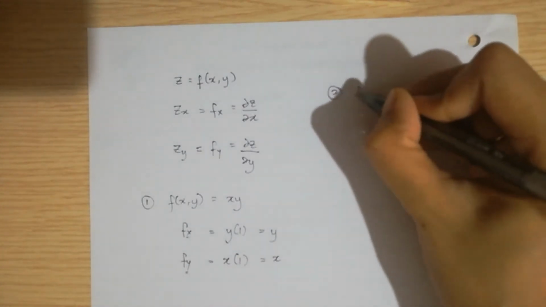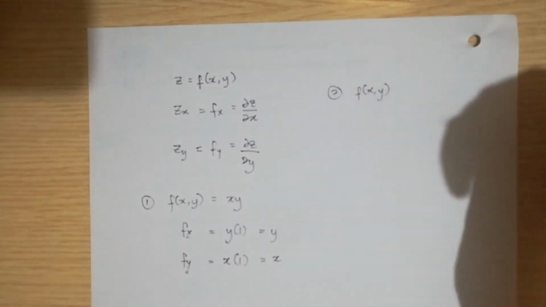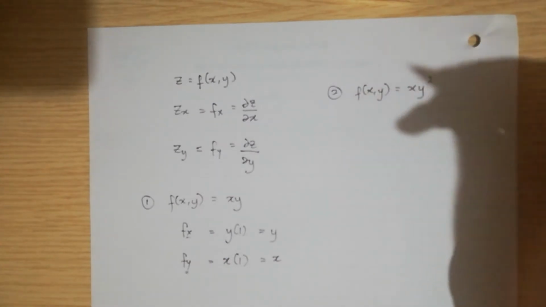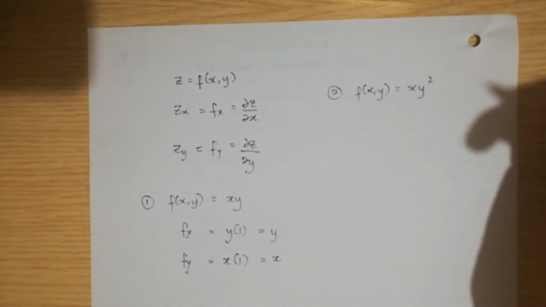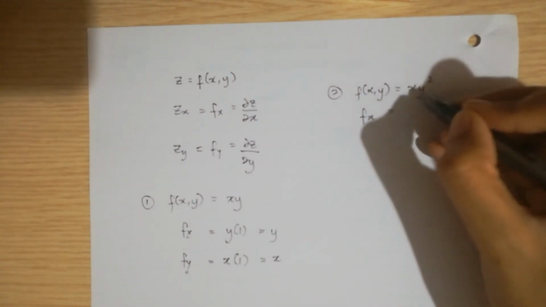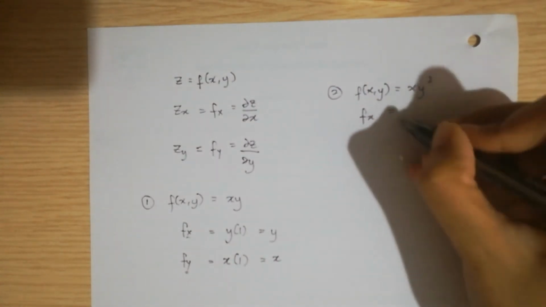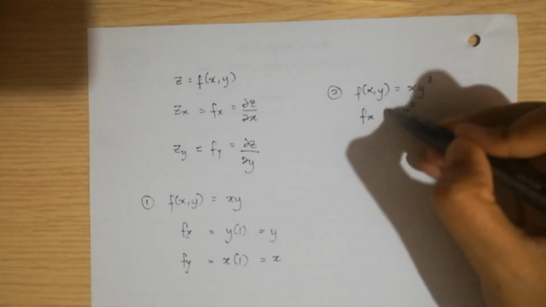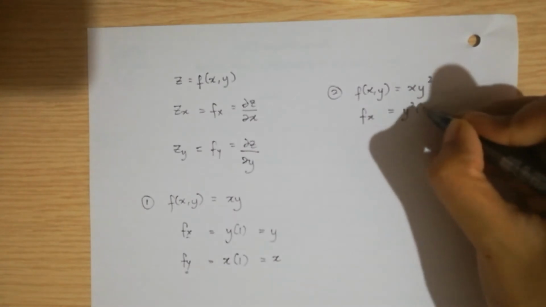Let's say we have f(x,y) equal to xy squared. So we can find fx. Again, you just focus on the x, treat y as constant. So you have y squared here. Differentiate x with respect to x will give you 1.